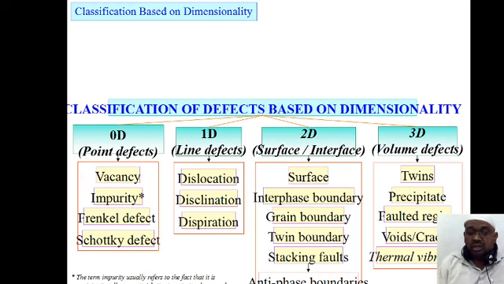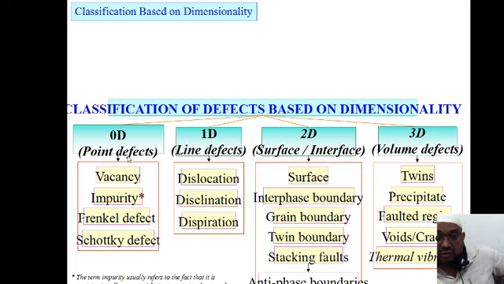Here we need to understand the meaning of point defect and its sub-classification. The sub-classifications of point defects are vacancy, impurity, Frenkel defect and Schottky defect.